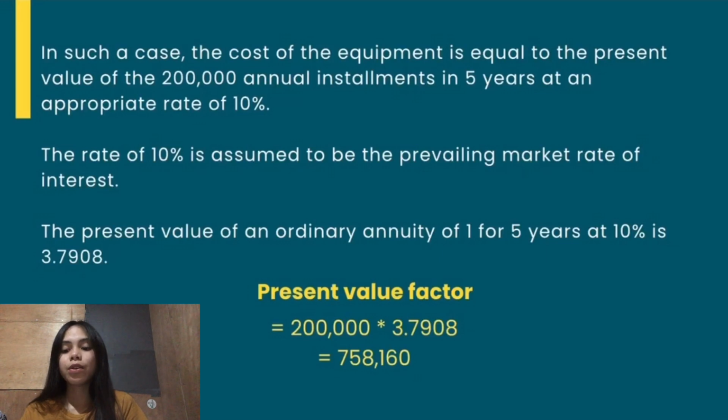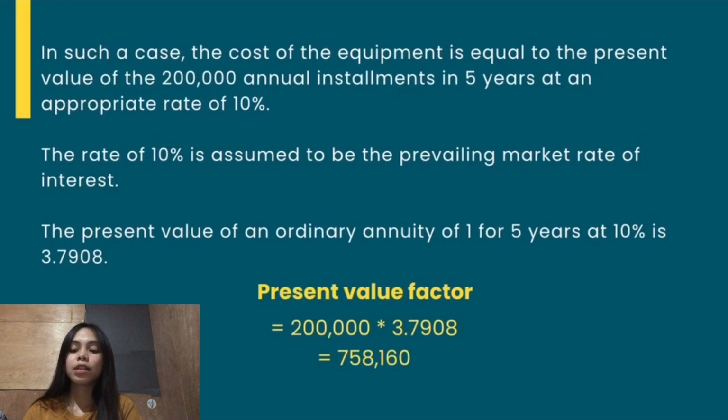The present value of an ordinary annuity of 1 for 5 years at 10% is 3.7908. So how did we get 3.7908? Simply 1 plus 10%, then click the divide button and then click the equal button 5 times.